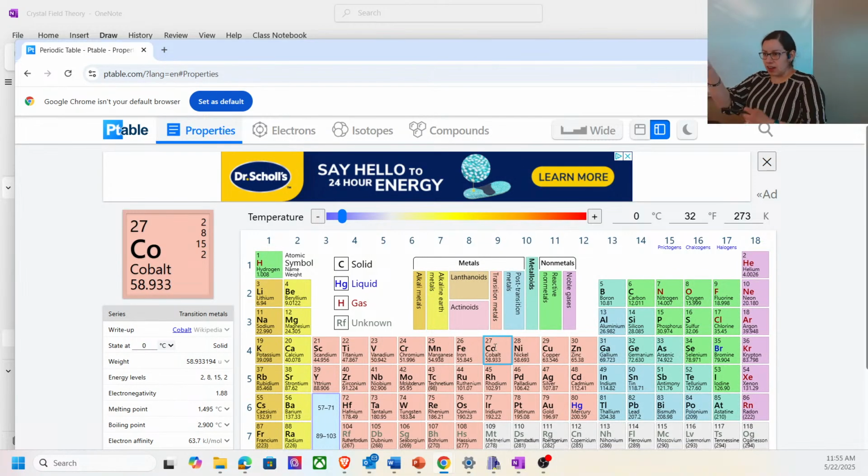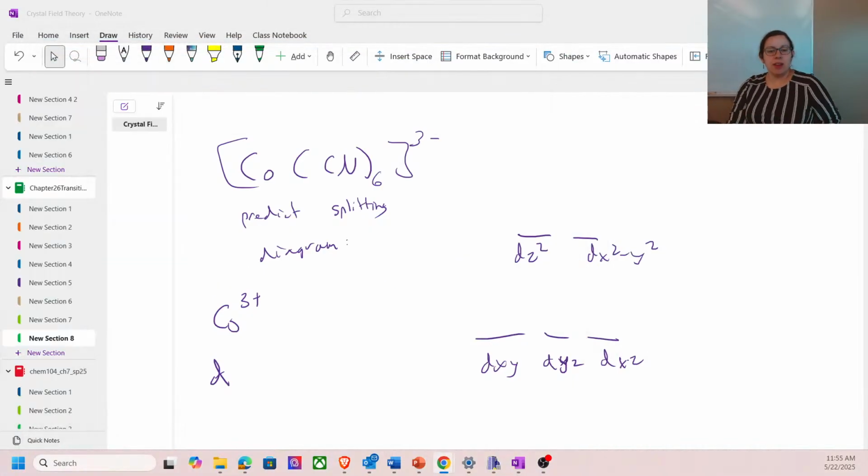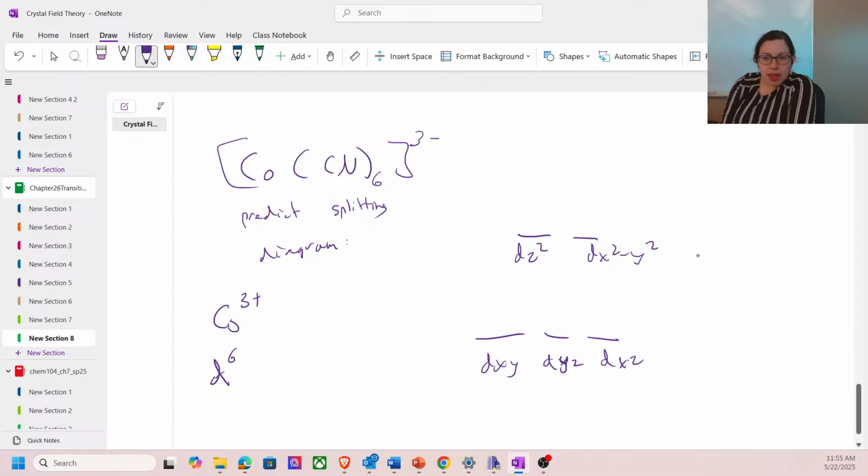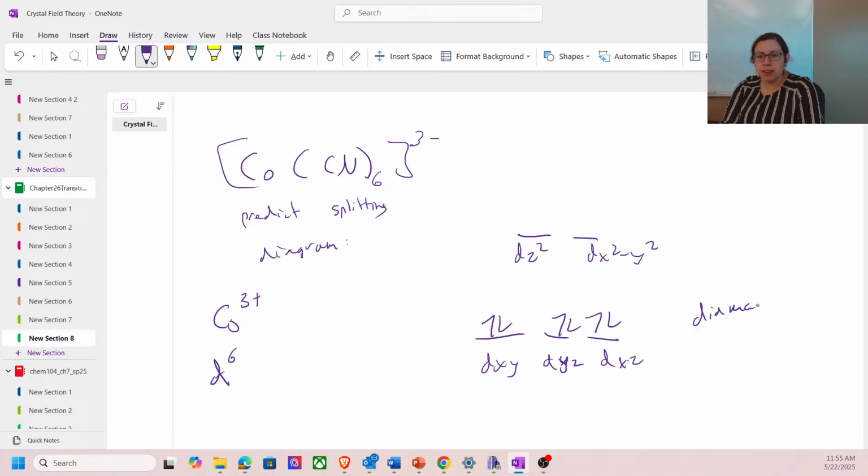So it's d9, so we want to treat it as d9 neutrally. Then if it's +3, d6. And so we'll fill it up with the lower orbitals first, since it's strong field, so 1, 2, 3, 4, 5, 6. So we would expect this compound to be diamagnetic.